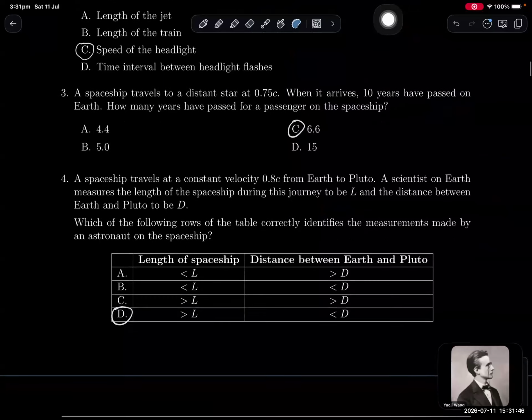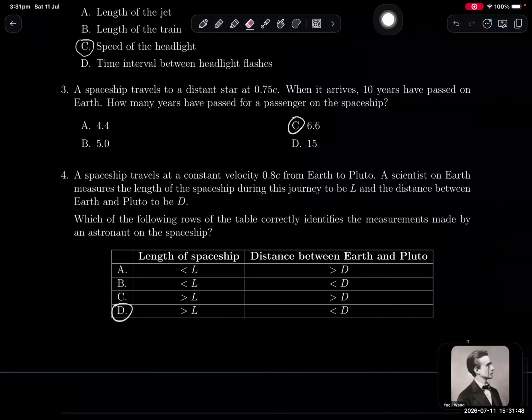Question 4. A spaceship travels at a constant velocity of 0.8 times the speed of light from Earth to Pluto. A scientist on Earth measures the length of the spaceship during its journey to be L and the distance between Earth and Pluto to be D. Which row of the table correctly identifies the measurement made by an astronaut on the spaceship?